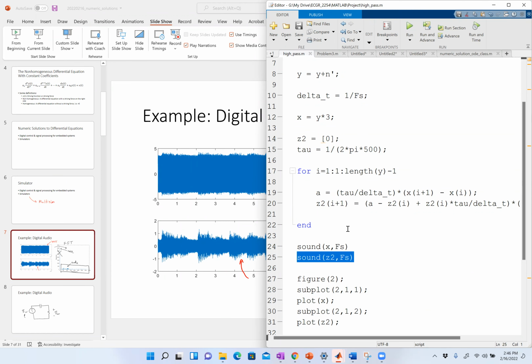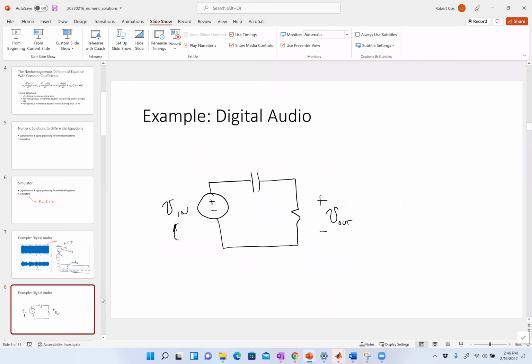To do that, I can think of the problem like what I've got right here. If I had a voltage source, and you could probably do this in the lab, you could take that WAV file and upload it to a function generator and have the function generator play it. You wouldn't hear it, but it would be a voltage coming out of the function generator.